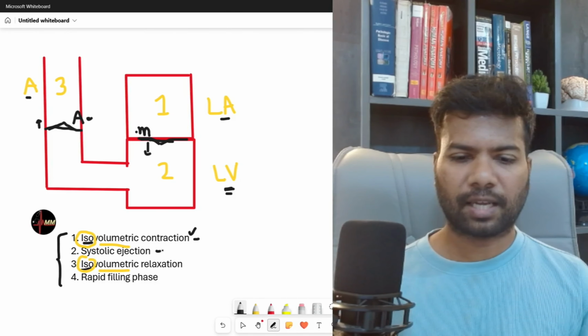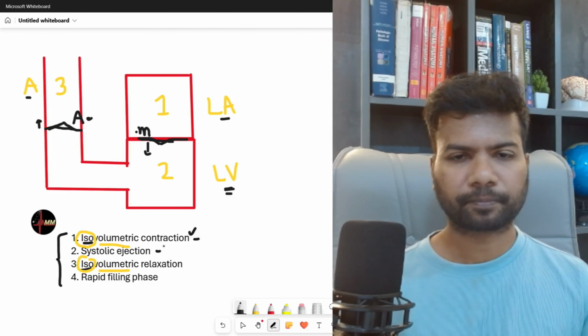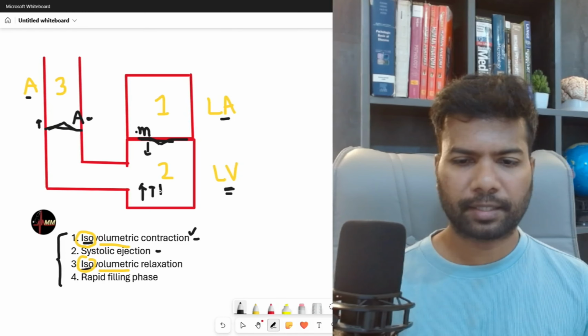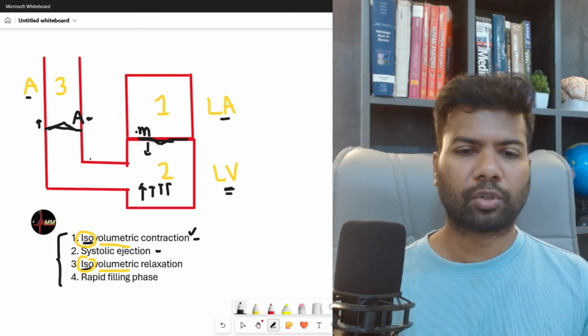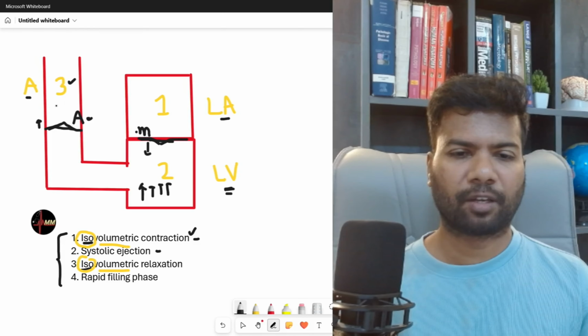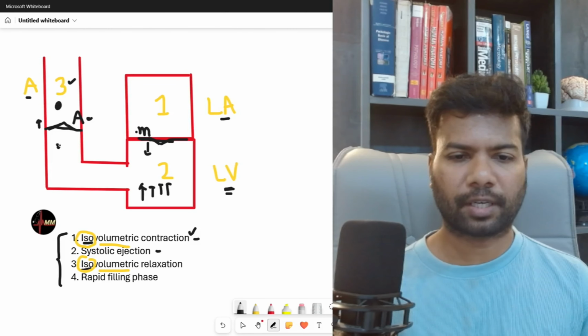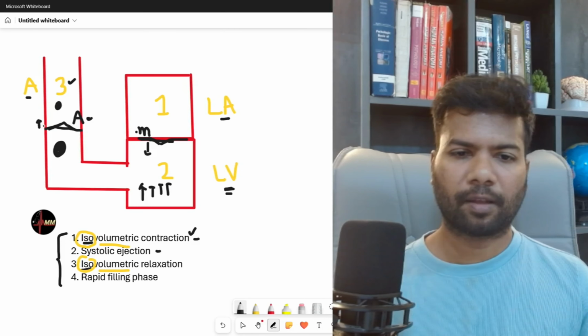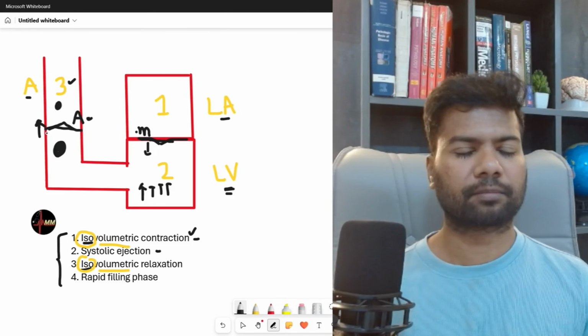And the second stage is the systolic ejection phase. Remember, this left ventricle pressure is slowly increasing, and when it overcomes the pressure in the aorta, for example, here is one pressure, here is one pressure, so when this pressure goes high, this aortic valve opens.